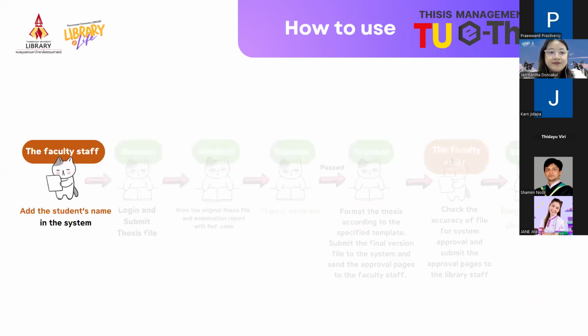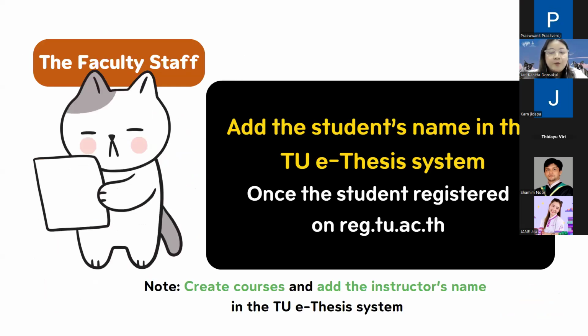The first one, the faculty staff will add the student name into the system. When will they add your name into the TUETC system? When the student registers to the thesis subject on reg.tu.ac.th or at the office of the registrar.